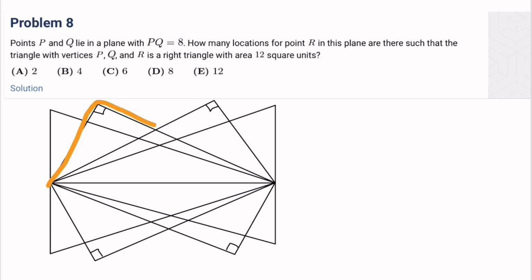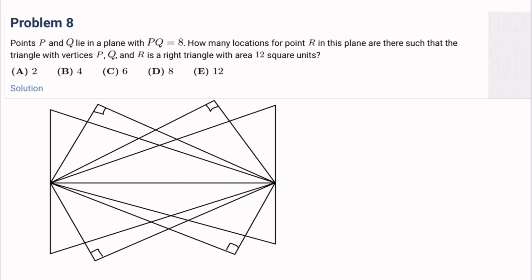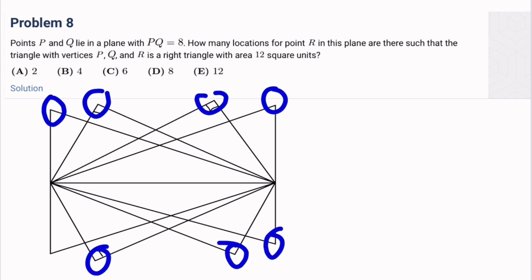So we have this one, and this one, and this one, and this one, right? So there are 4 of the second type of triangles with the right angles not on P or Q, right? And so in total, we have 8 locations for point R, and they are 1, 2, 3, 4, 5, 6, 7, 8. So those are 8 locations.